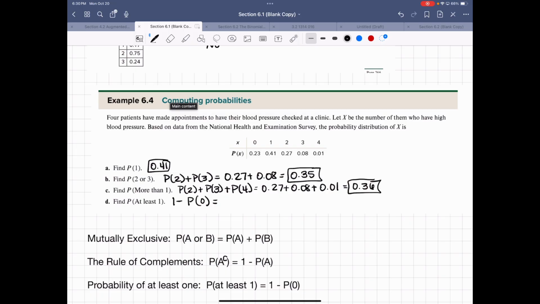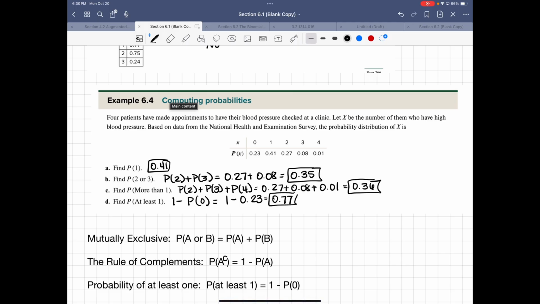And if you want at least 1, that means you want the probability of getting 1 person, 2 people, 3 people, and 4 people. And all that is 1 minus no people having high blood pressure, okay? Because that's the only one you're leaving out. That's why we find the probability of no heads, okay? So that's going to give me 1 minus 0.23, which does give me 0.77.